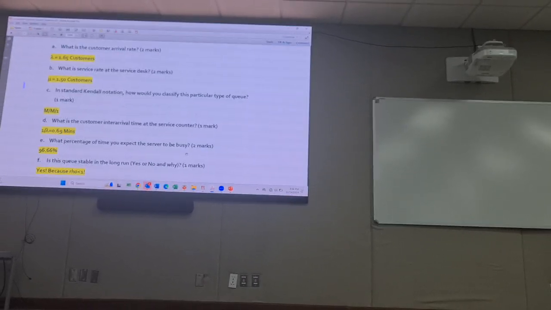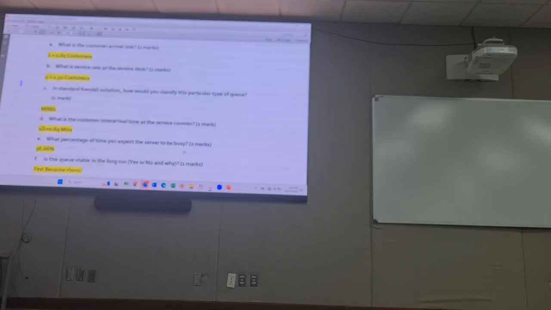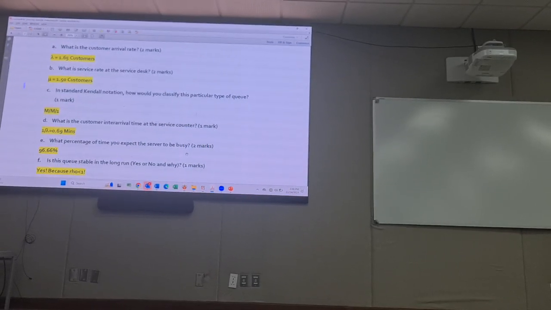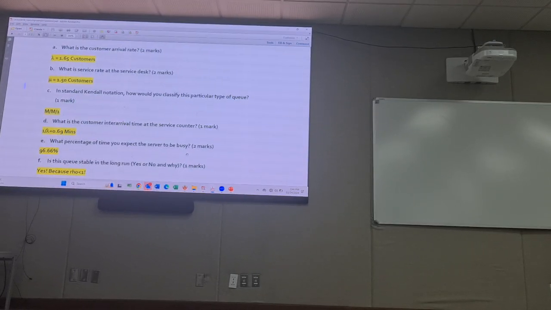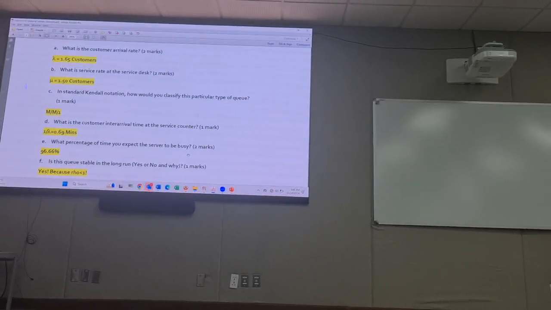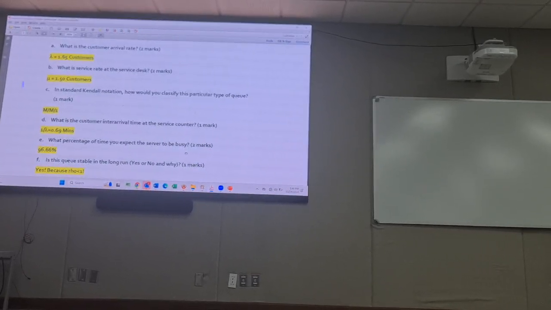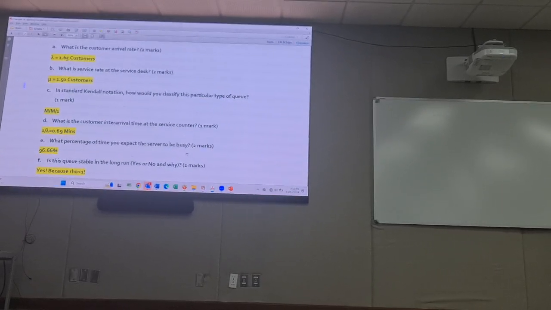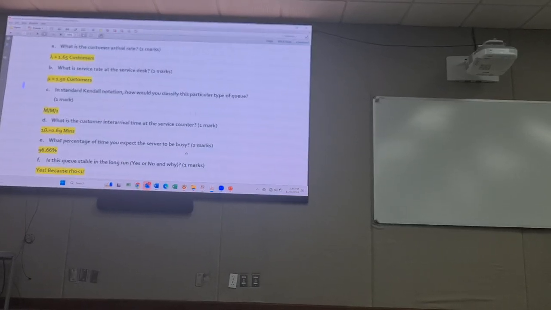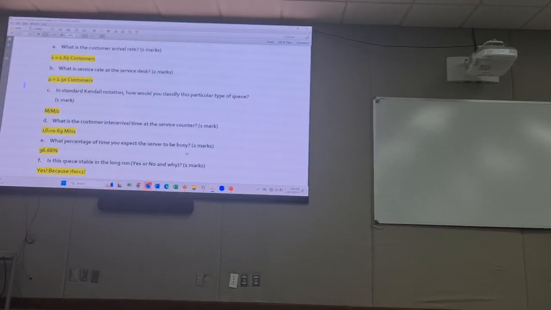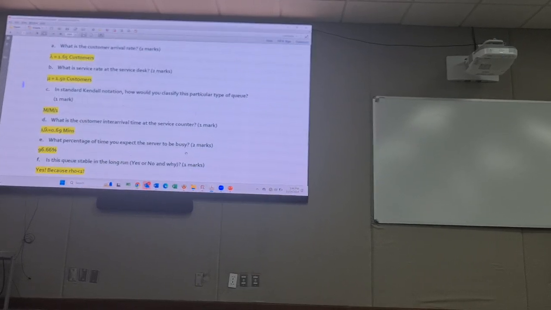I think maybe there's an error here in the calculation, it should be more than 100. Maybe it's just a calculation mistake, because here lambda is faster than mu. It's 1.1, so it's actually not 96. Maybe it's actually 101.